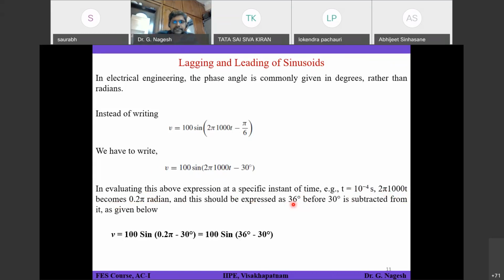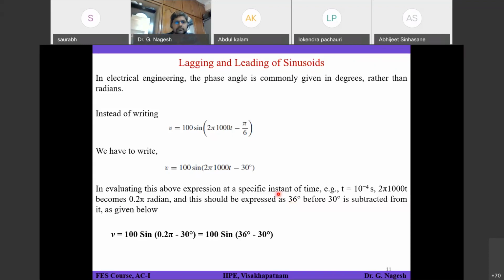You know the conversion from radians to degrees, right? Yes, sir. 1 degree is equal to pi by 180 radians, or 180 degrees is equal to pi radians. So 180 degrees corresponds to pi radians.